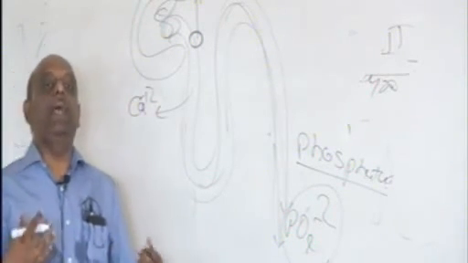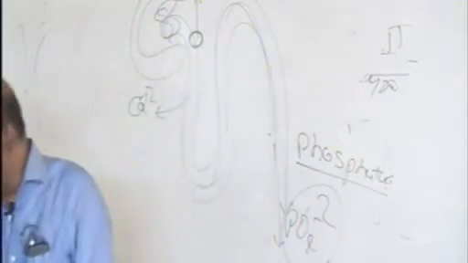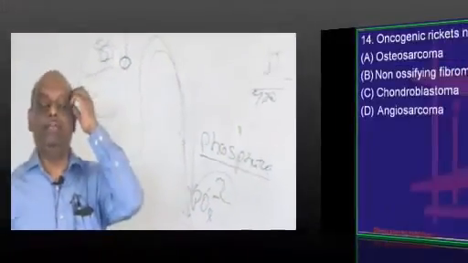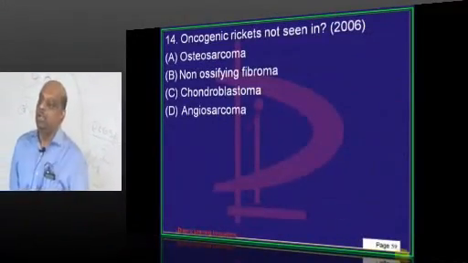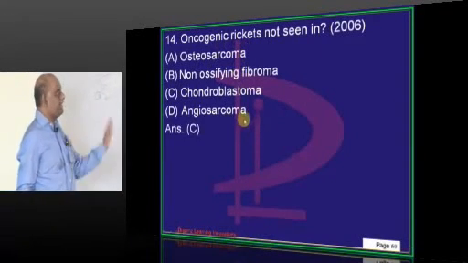It is a paraneoplastic presentation of some tumors. So which tumors will show such a phosphaturic effect and lead to development of oncogenic rickets is a very important question of the examiner.